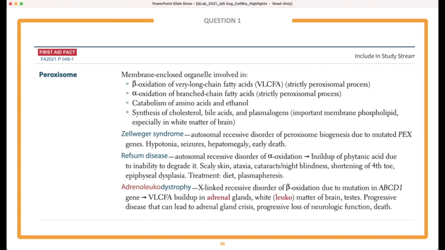And third bullet point, catabolism of amino acids and ethanol. So this is what it was getting at. These are peroxisomes. They also convert hydrogen peroxide to water and oxygen to cut down on the damage from reactive oxygen species. And you can see some of the conditions you can see clinically if you have disorders of peroxisomes. So now hopefully you can see why bile acid production is the correct answer.